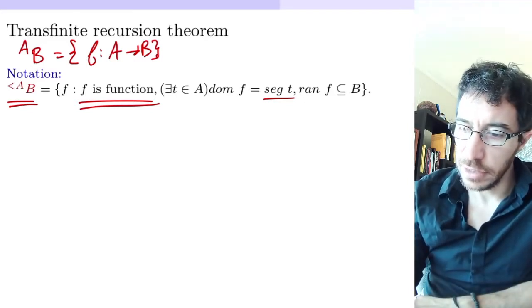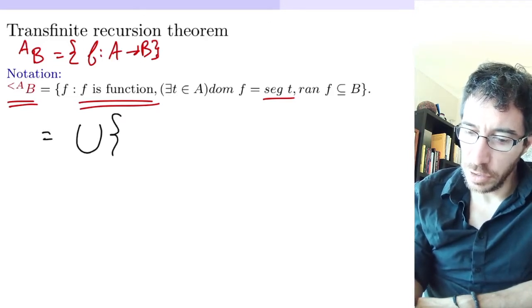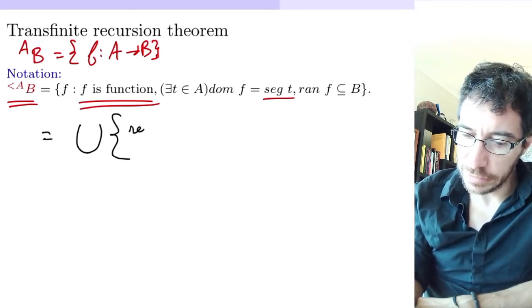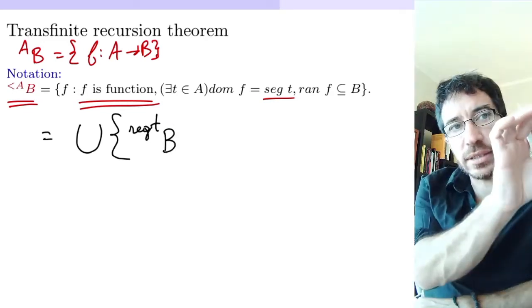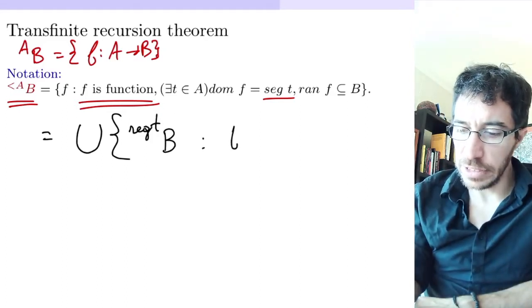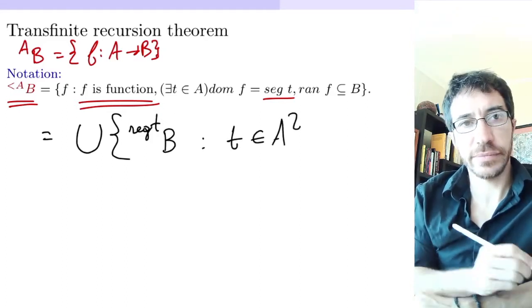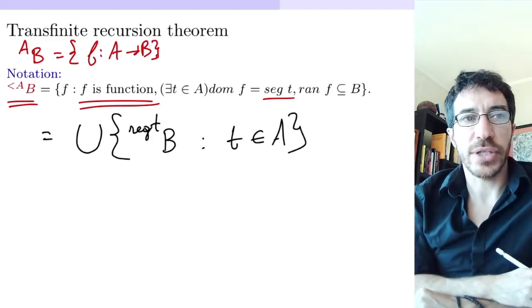So I guess this is equal to the union of seg t to b, meaning the functions from seg t to b, for t in a, right? So it's all of those possible sets together.